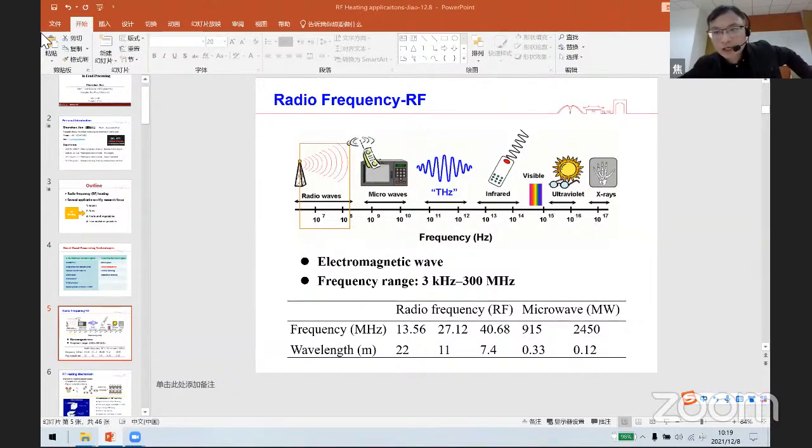Actually, we're using RF for the almonds to try to roast the almonds. So the temperature is very high. It's about 130 degrees Celsius, and it takes around half an hour to roast the almonds. As we know, for the almonds, the moisture content is very low, right?